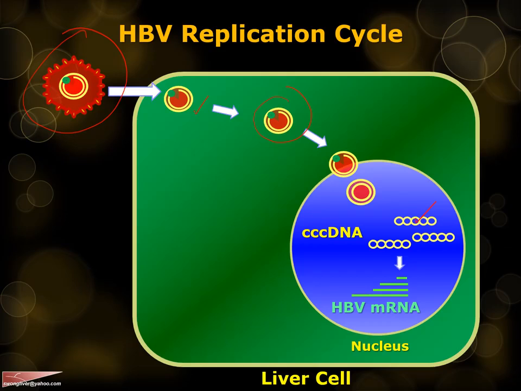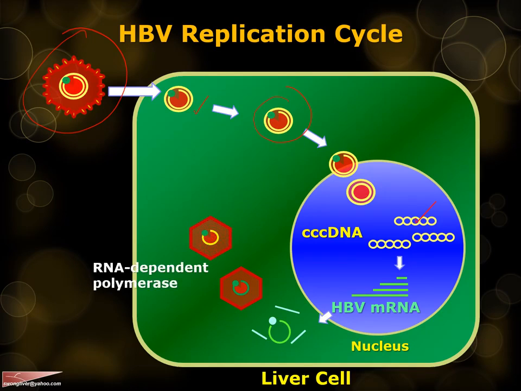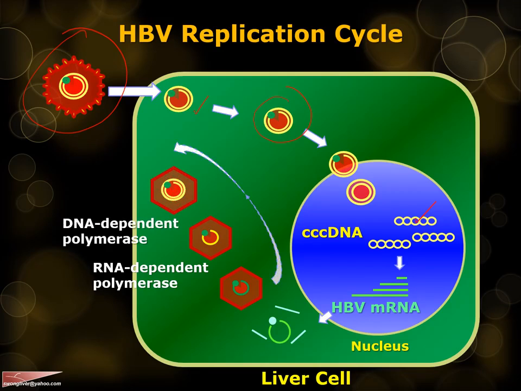So once you have the cccDNA, it serves as a template for your virus particles. So since the hepatitis B has a reverse transcriptase, it produces the RNA first, and then goes into the cytoplasm, and then you have the RNA-dependent polymerase and the DNA-dependent polymerase that converts your RNA into DNA. Okay, so basically you have the hepatitis B virus again here, and it can now go outside the cell.